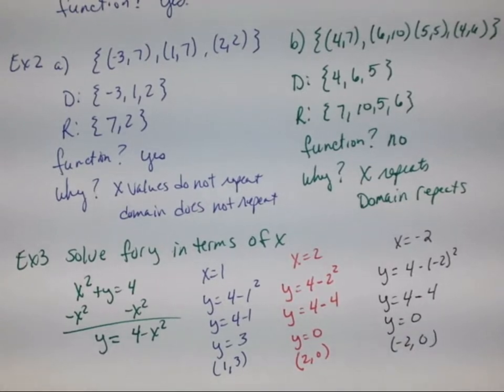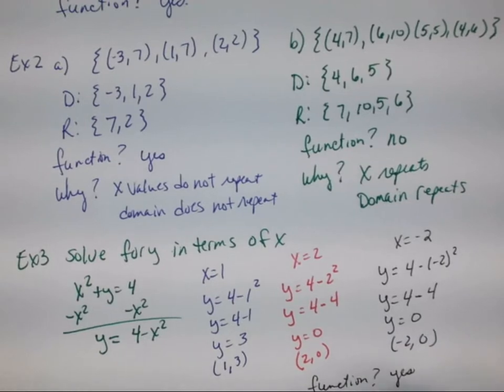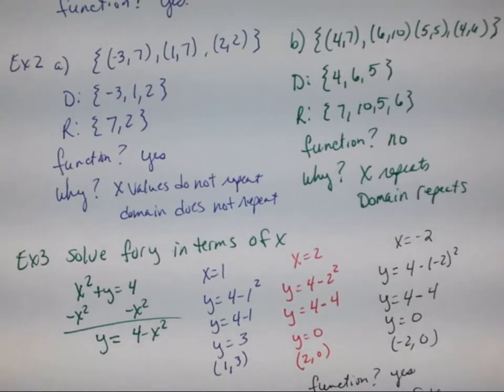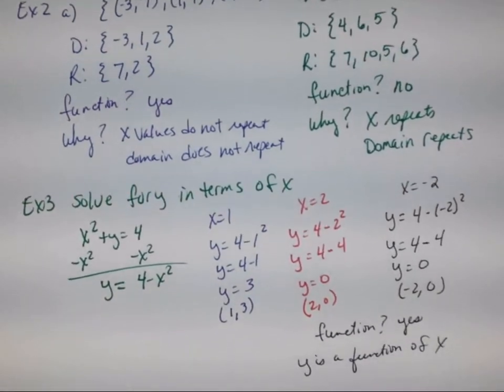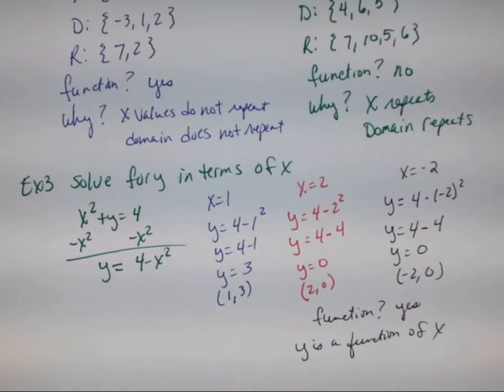So is this a function? Well, for each x value we put in, we got one y value. None of them repeated, so the answer is yes. So we can state that y is a function of x.